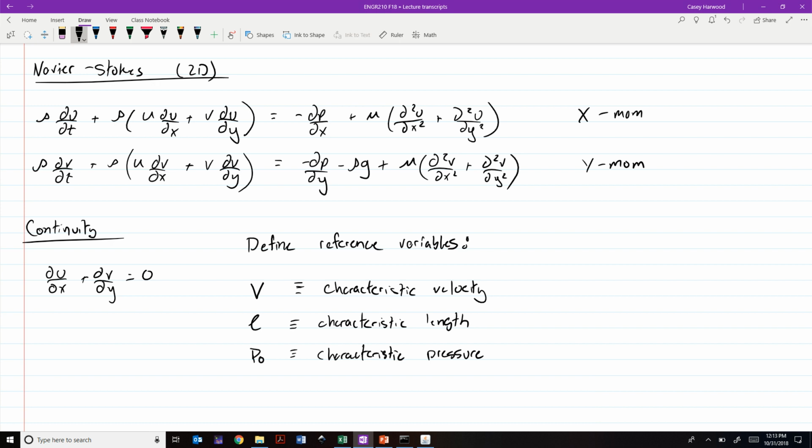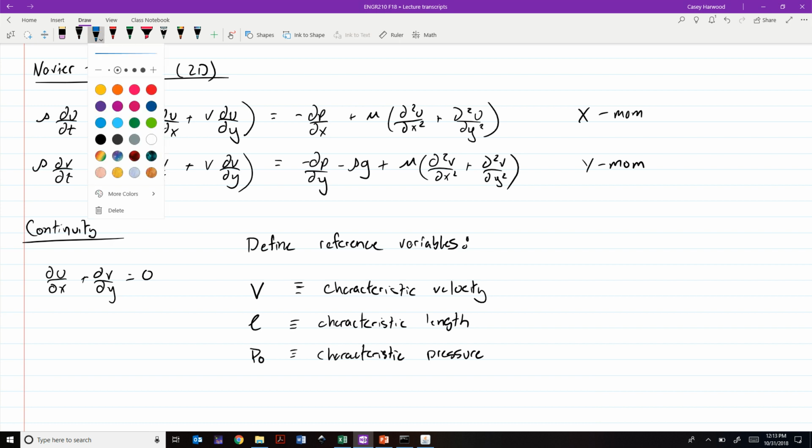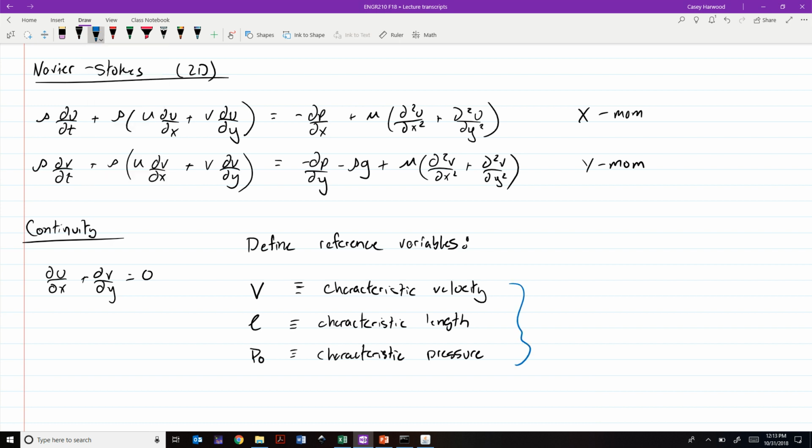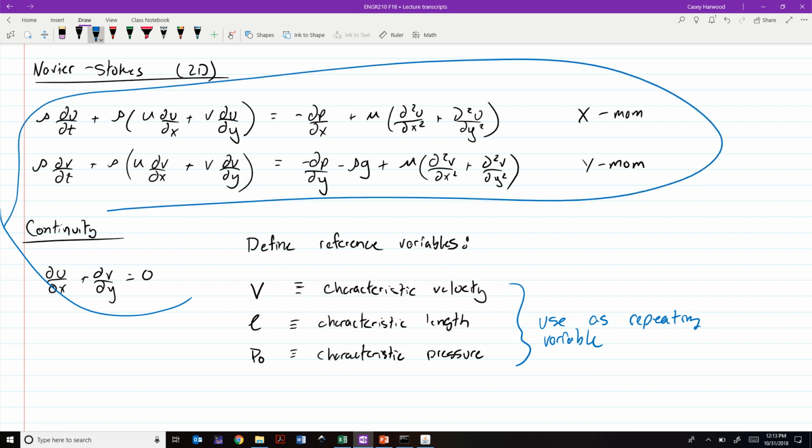And if we use these as our repeating variables, we can non-dimensionalize both momentum equations and the continuity equation using these variables.